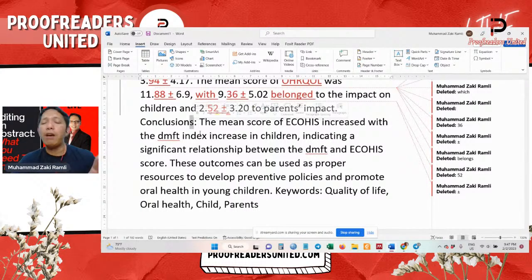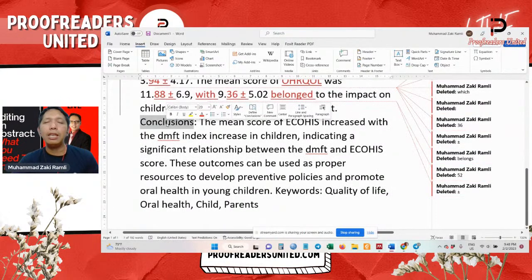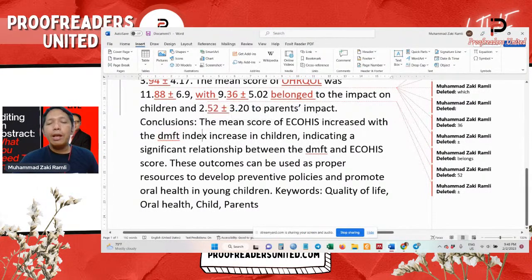So we have to be really careful. It's not only about the number of sentences in the conclusion, but also about the points in the conclusions, because we are not saying how many words or sentences are in the conclusion, but how many conclusions have been drawn from the study.